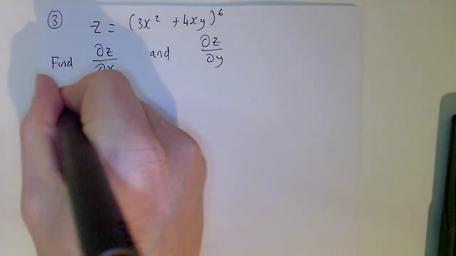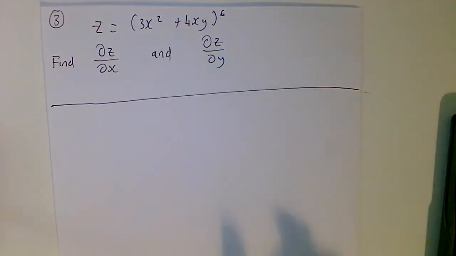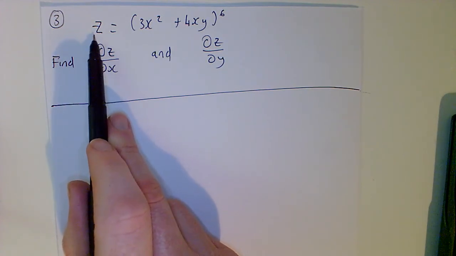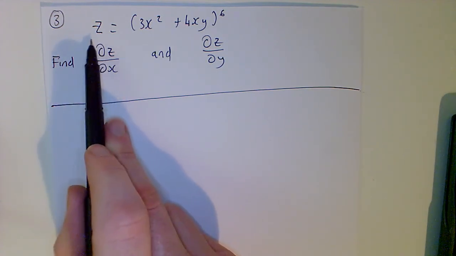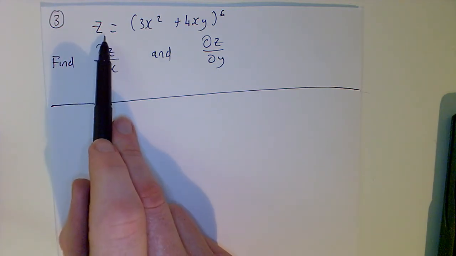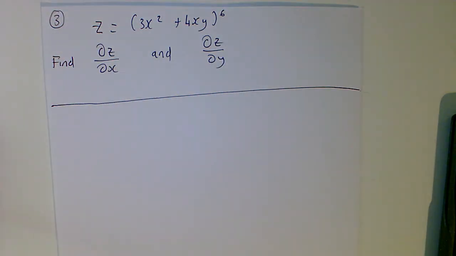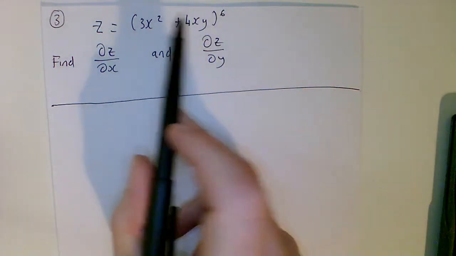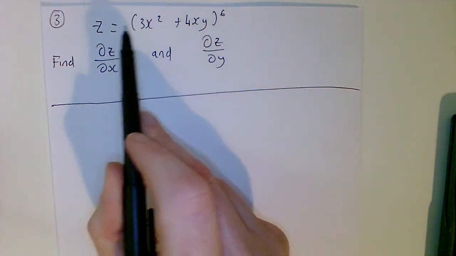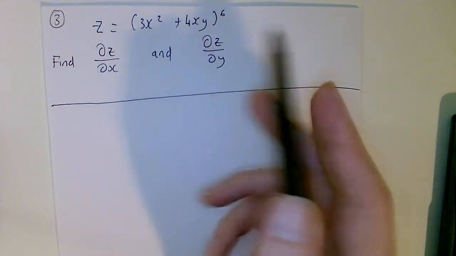Now you may also see that written as f of x comma y, just saying a function of x and y, but I prefer to deal with it as z because the use of this is normally to deal with 3D space. Right, so I see my bracket with a power on it and I know that is the chain rule.